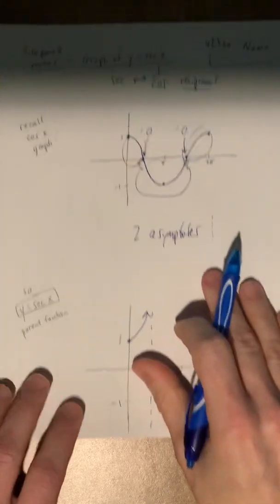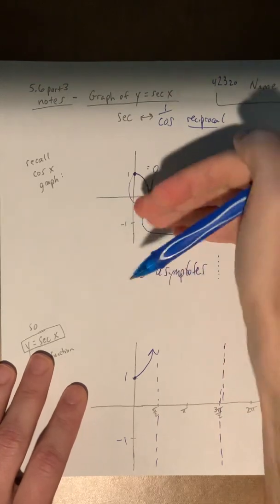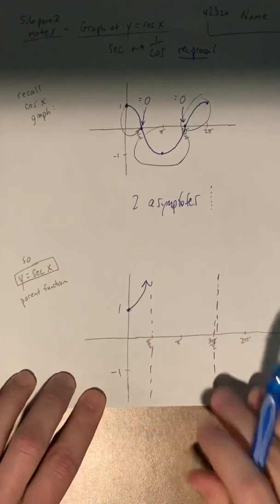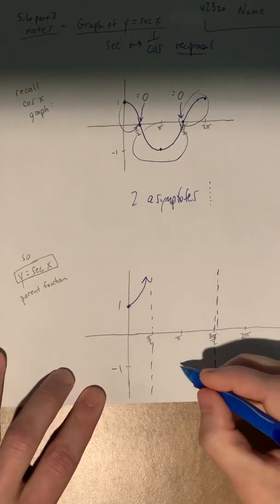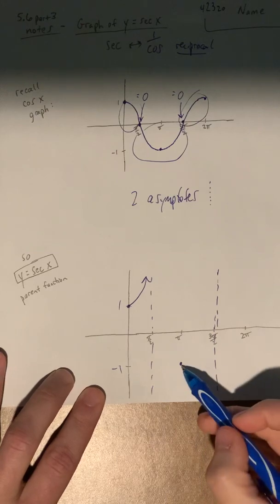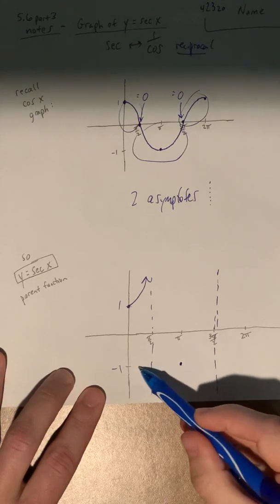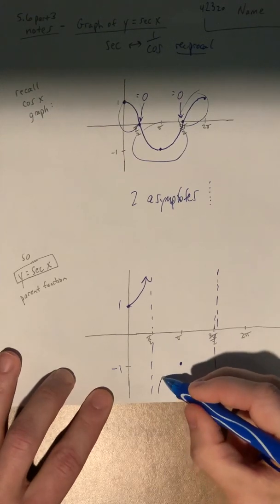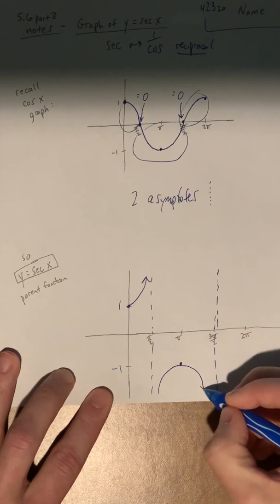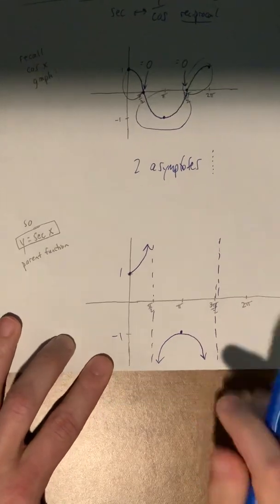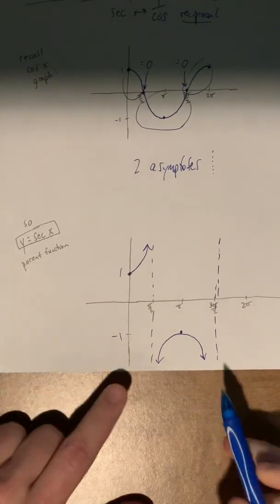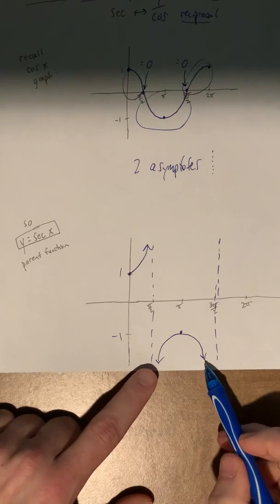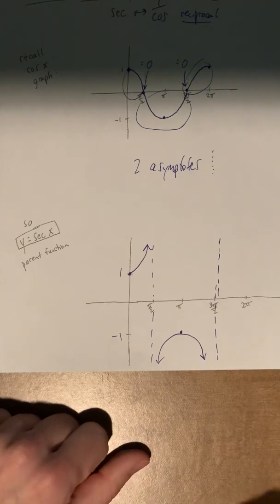Okay? Now, we're going to flip this part down. So it's between the asymptotes. You still have a point at 1. That's kind of like your minimum point, but it's really a maximum for this parabola or curve. And that's your secant graph parabola between the asymptotes.